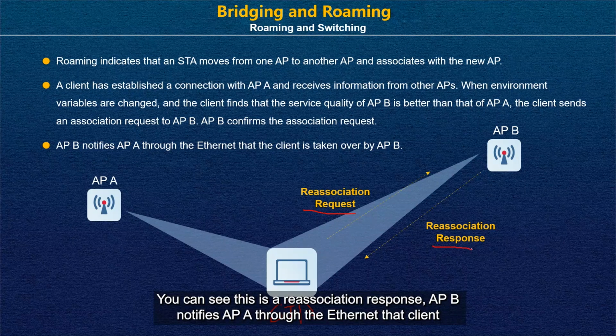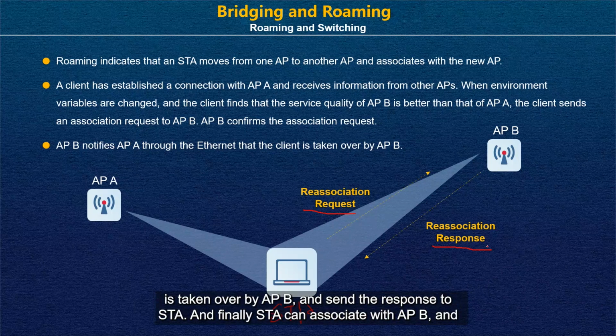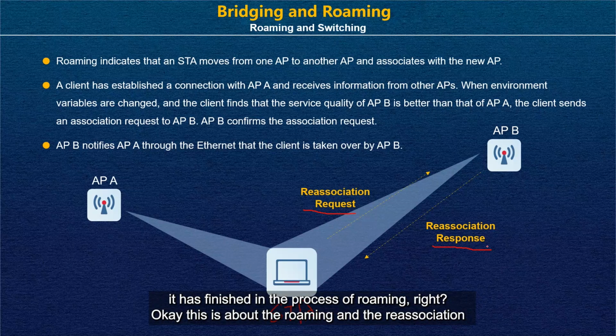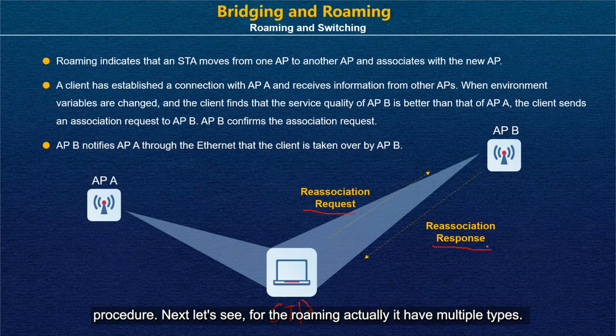You can see this is a reassociation response. APB notifies APA through the Ethernet that the client is taken over by APB and sends the response to the STA. Until now, the STA can associate with APB and it has finished the process of roaming, right? Okay, this is about the roaming and the reassociation procedure.